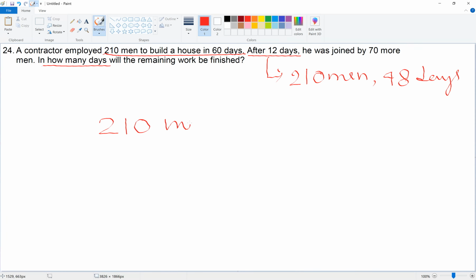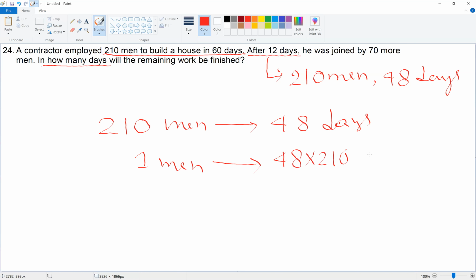So 210 men is 48 days. Now they're doing. So 1 man will take how many days? More or less? More. Which means this times 210. Correct? And he joined 70 more people.